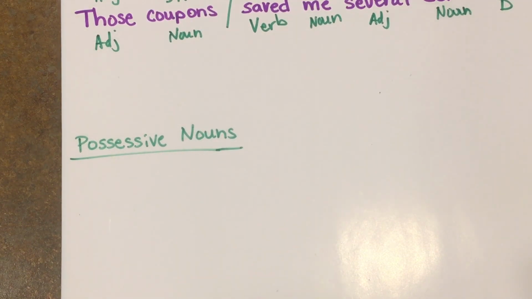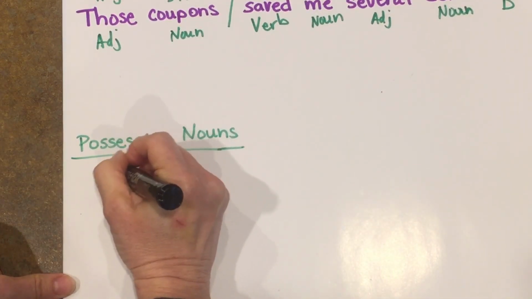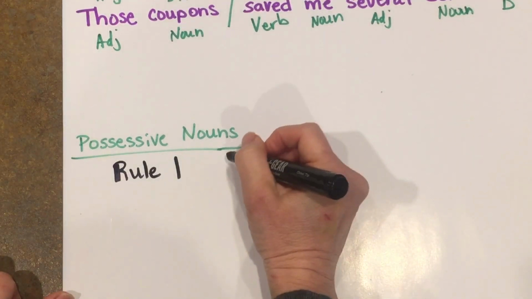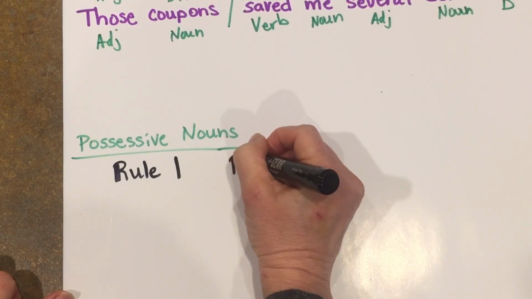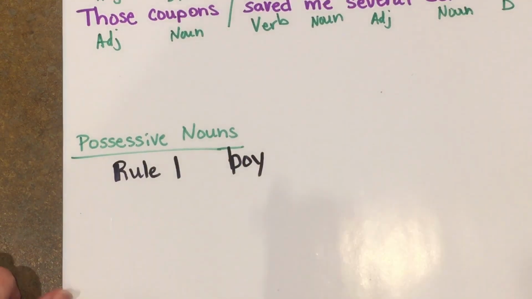So let's come up with some rules to follow. Okay. So rule number 1. Let's use the word boy. Let's say the boy's toy.